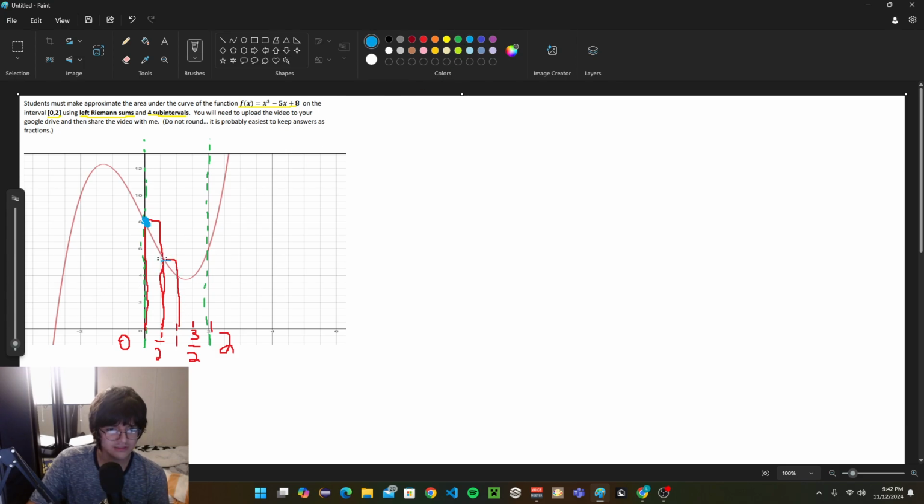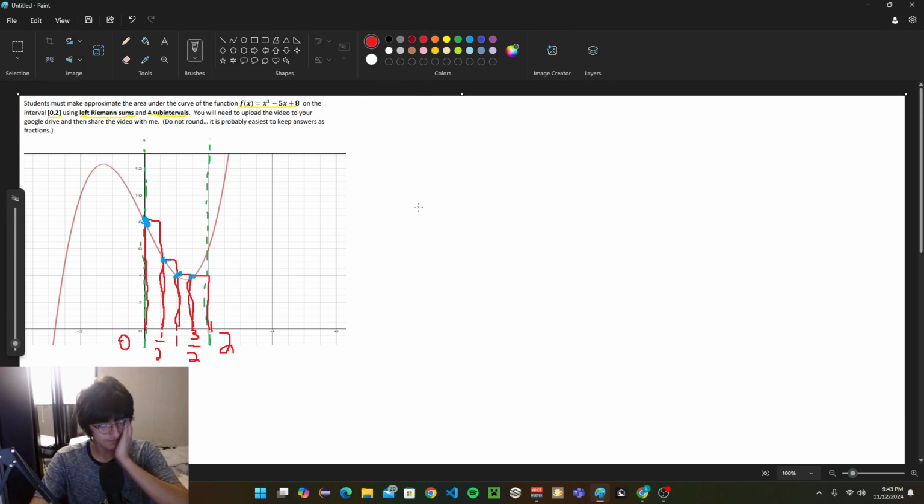This left point is touching the graph. The next one would look like this, touching the graph or the function. The next one would go somewhat like this. The boxes don't look that good, but this is essentially what it's going to look like.